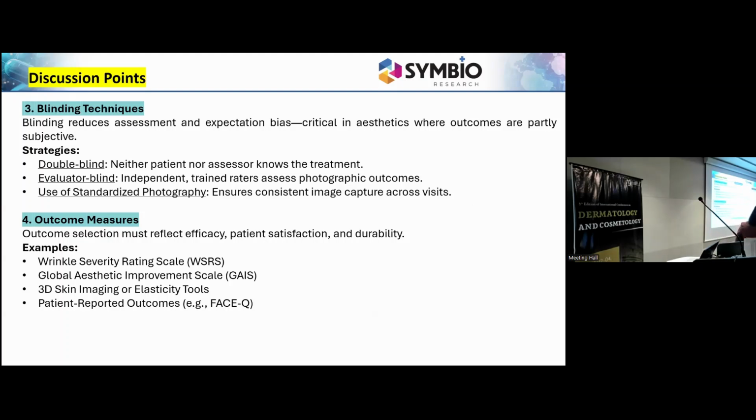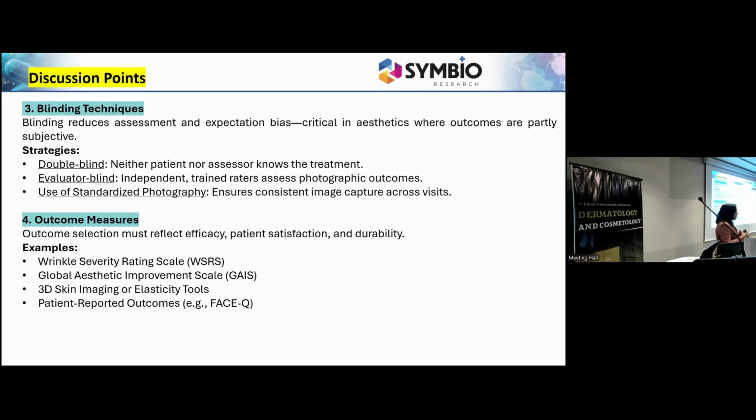Now imagine that in an aesthetic clinical trial, it's not like your body where you cannot see your internal organs. You do not know whether your hemoglobin is getting better or not until you have your test results. In aesthetics, it is immediate. You get outcomes very quickly. Within a span of a few days, you can see which one is working and which one is not working.